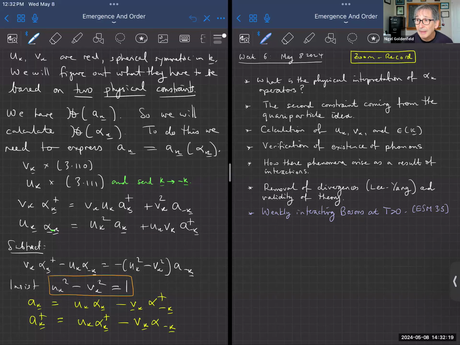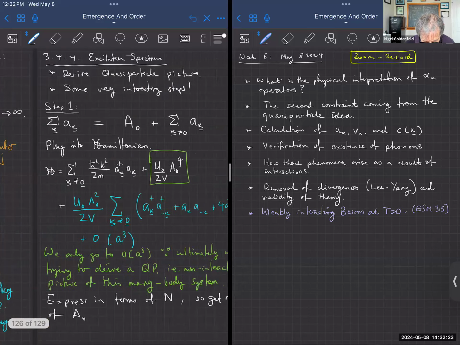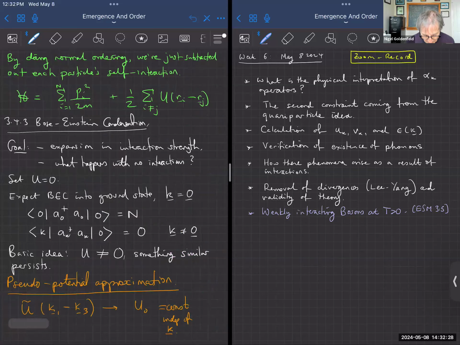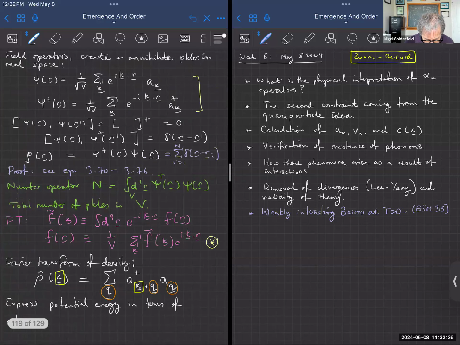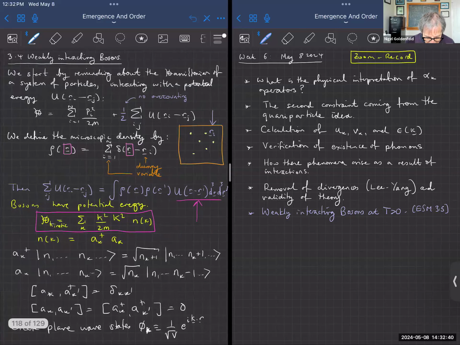Okay. So last time we talked about the second quantization way of formulating the problem of Bose-Einstein condensation for interacting bosons. So let me just remind you where we started. What we did was we wrote down the Hamiltonian for the system in the second quantized form.